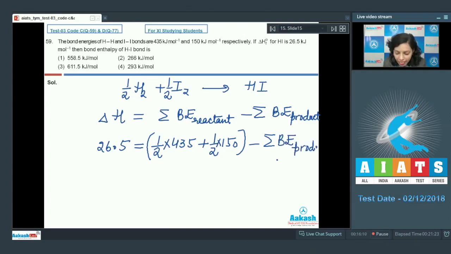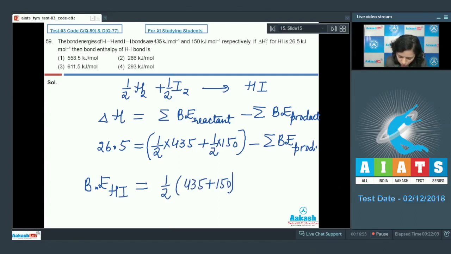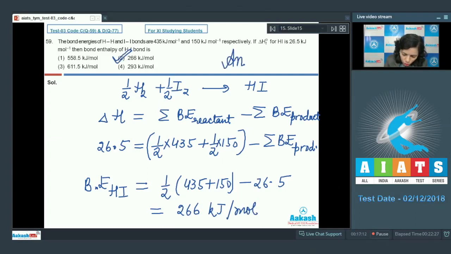That is HI. So definitely the bond enthalpy for HI bond, that is product, is equal to half of 435 plus 150 minus 26.5. And if you solve this for the final answer, you will get 266 kilojoule per mole. And that's why I just mark option 2 as the correct option. I hope this question is clear to you. Let's move on to the next question.